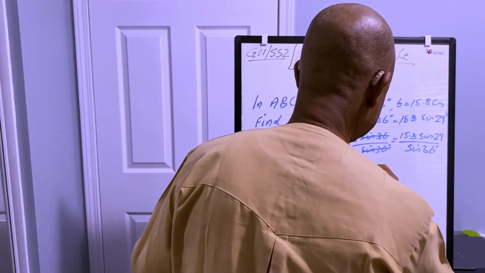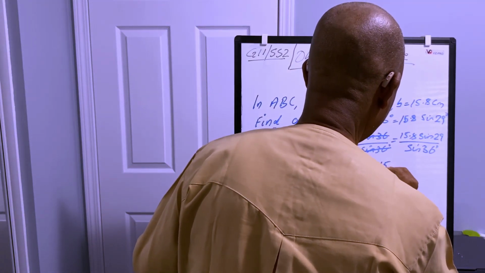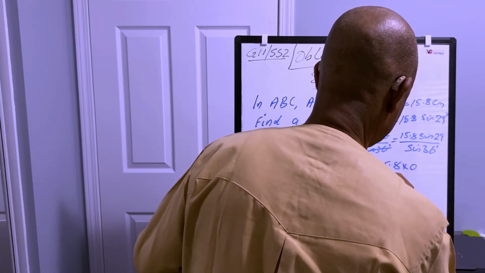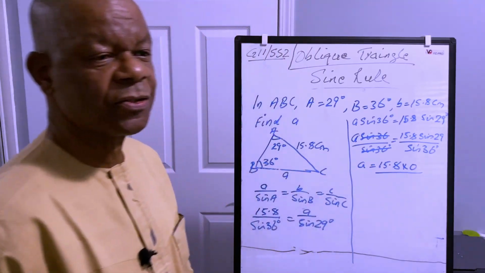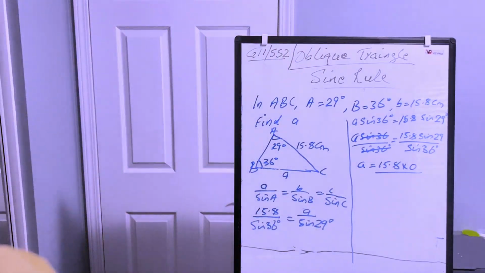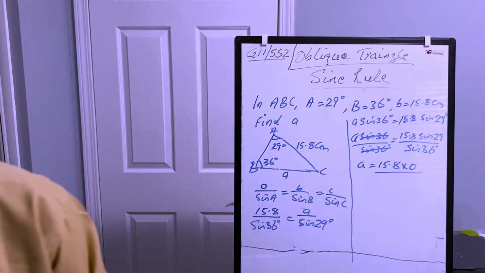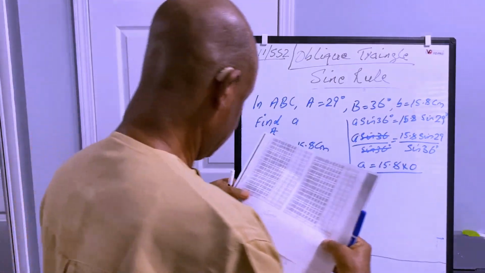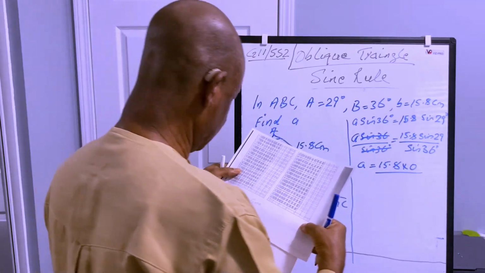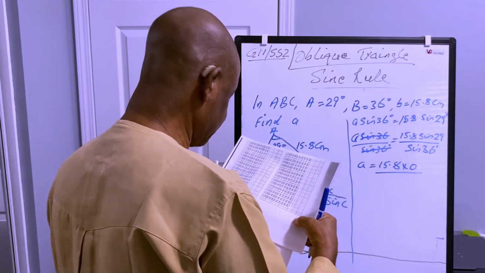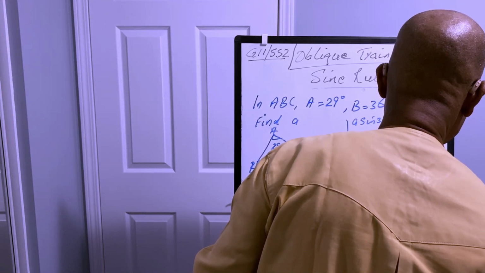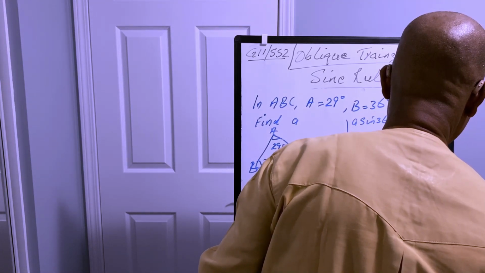So a is equal to 15.8 times, we check for sine 29 degrees from the four-figure table. Here in the four-figure table, sine 29 degrees will give us 0.4848.